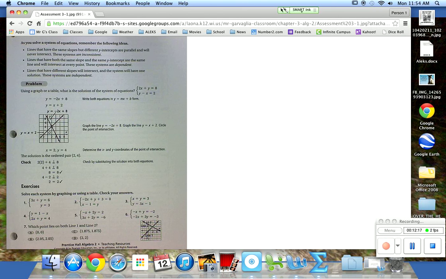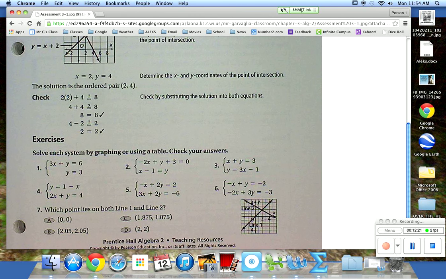Let's take a look at 3-1. All right. Let's do the odds. Right here? y equals 3. It's a straight line. If I put 3 in for y, what do I get?